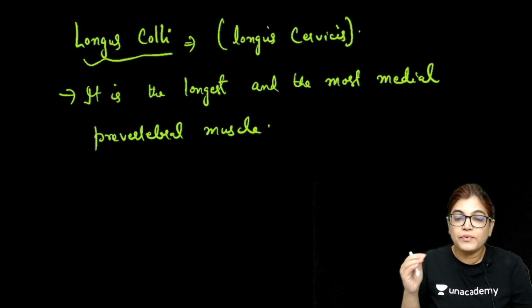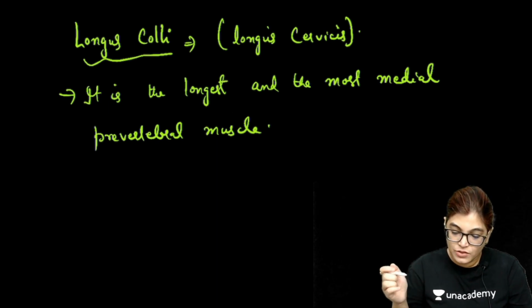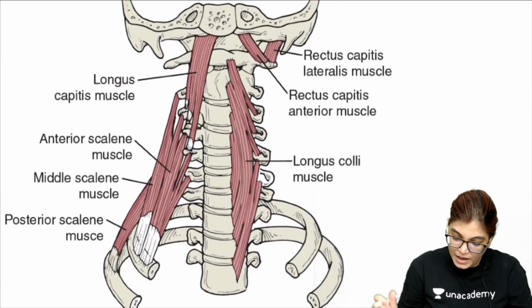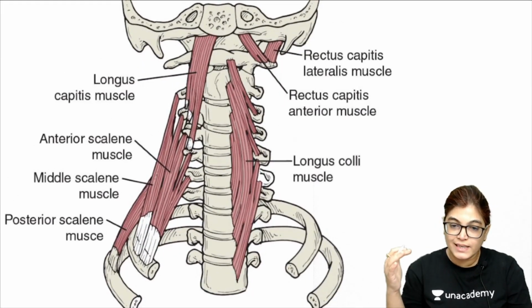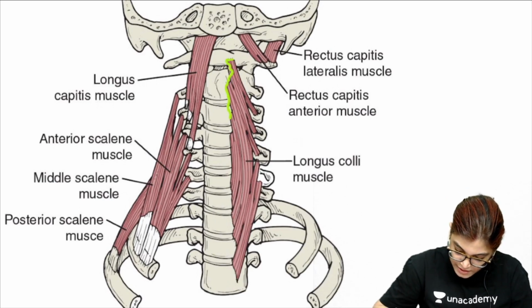Now if we talk about the whole extent of the muscle, let me again show you this diagram. I would like a fresh diagram. So the whole extent of the longus coli muscle is from here to here. Let me highlight this muscle.